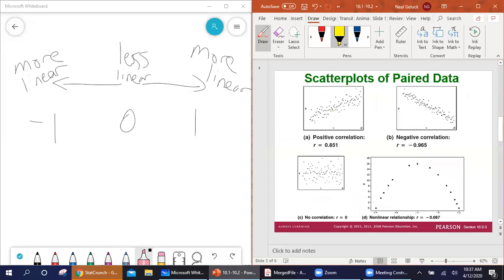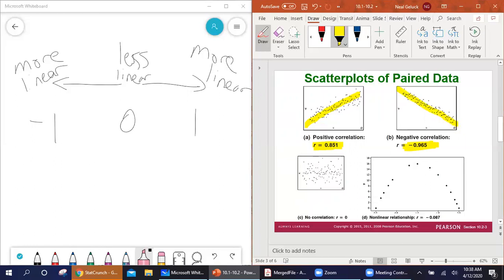So here's some scatter plots and their correlation coefficient. 0.851, that's fairly close to 1. So that is fairly linear and uphill. -0.965, that's really close to -1. Again, that's still good. It just means downhill being negative. That's really close to being a line.